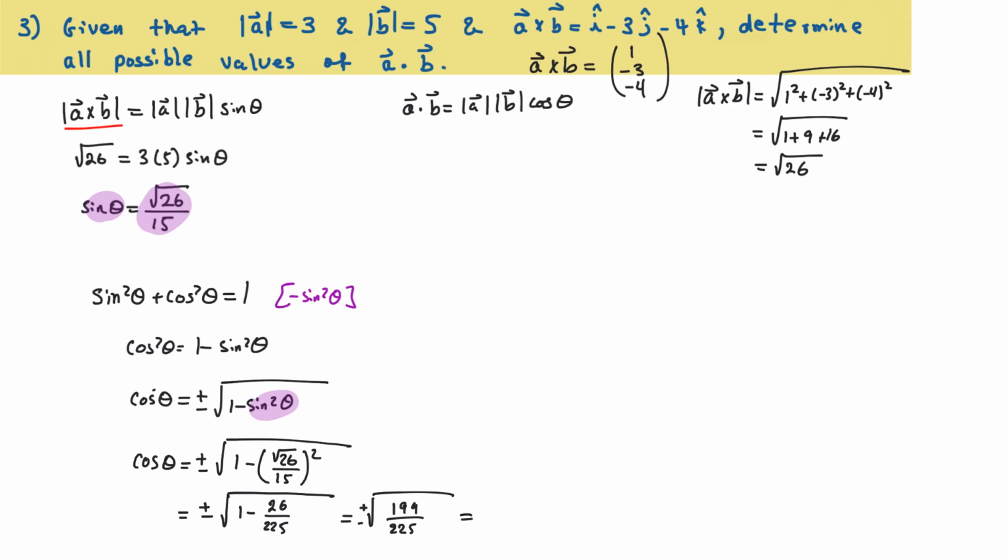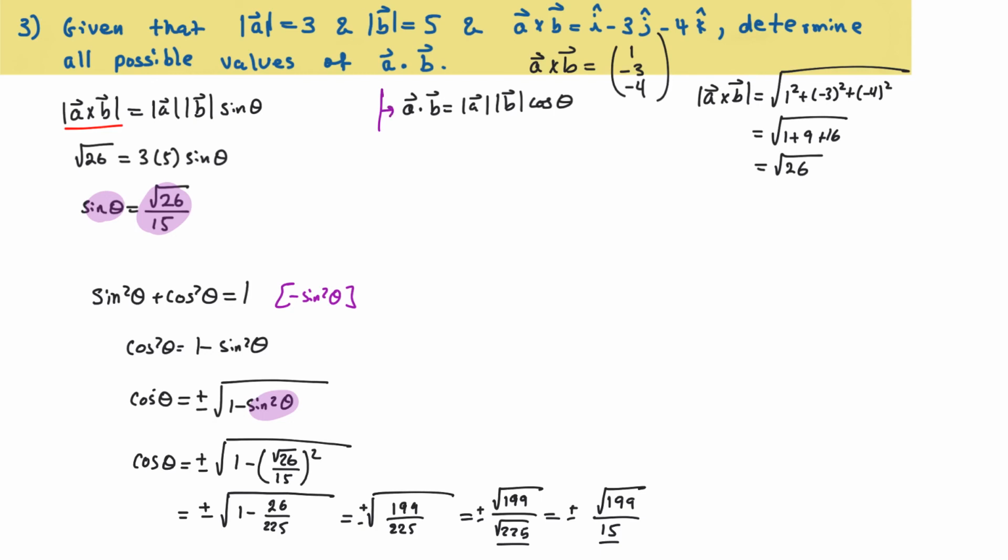This can be simplified as root 199 over root 225, plus or minus, and that's the same as root 199 over 15 because the root of 225 is equal to 15. Okay, now I have everything that I need for this section over here.